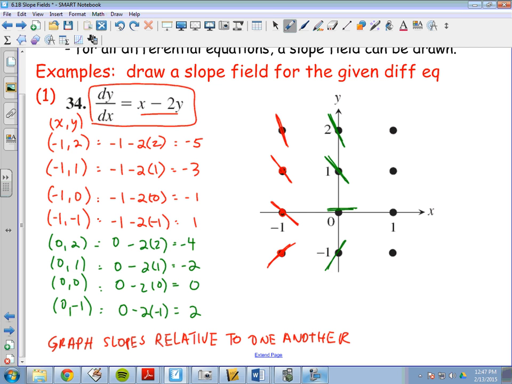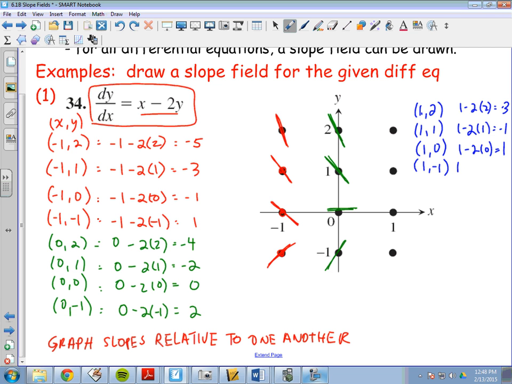Finishing this off, I've got the points where x is 1: (1, 2), (1, 1), (1, 0), and (1, -1). Then x minus 2y: 1 minus 2 times 2 is -3. 1 minus 2 times 1 is -1. 1 minus 2 times 0 is 1.